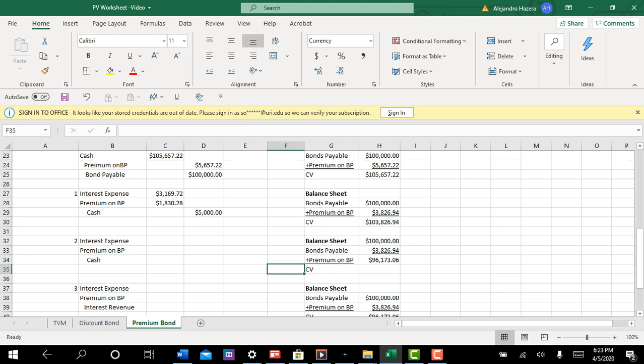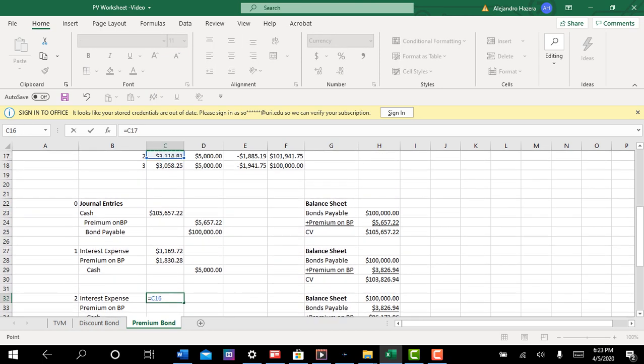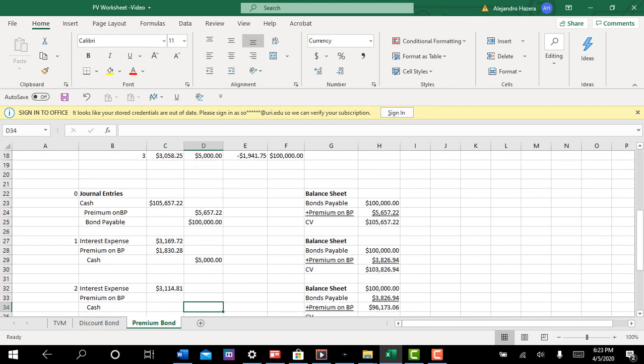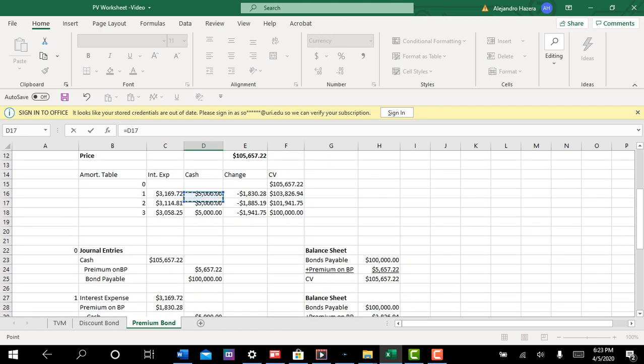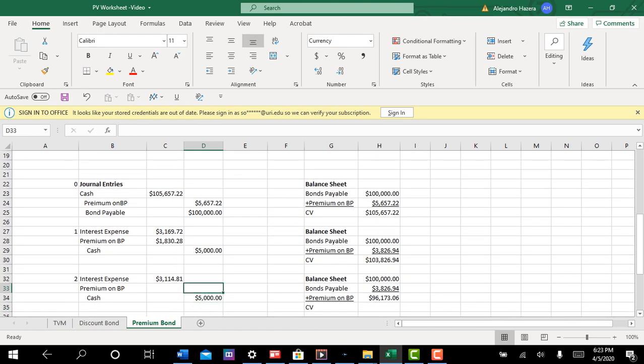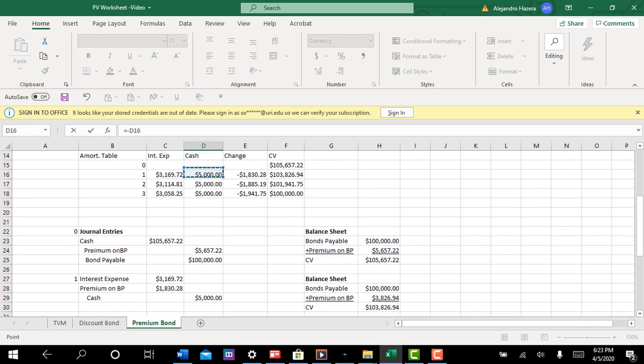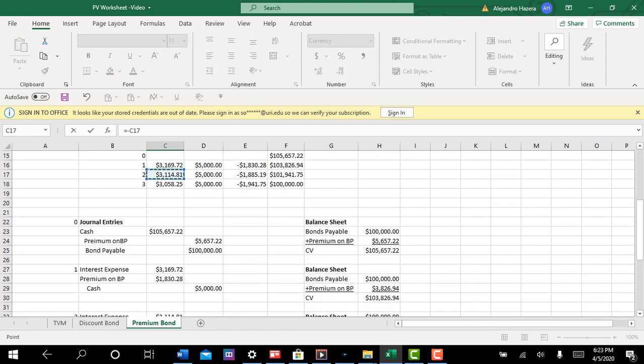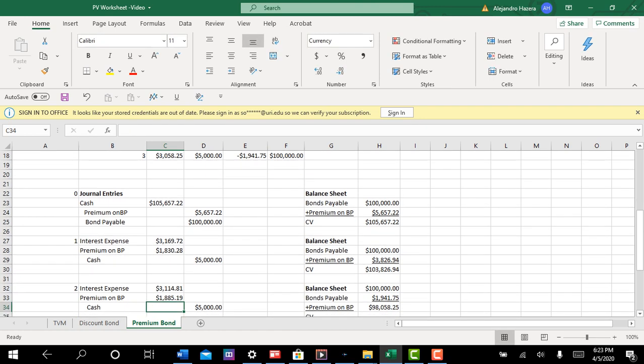So let's go down a little bit. Okay, now we come to the interest expense for year 2. Go to the year 2 row. The year 2 row says you have interest expense of 3,114. Your cash for year 2 is equal to 5,000. And the change in the premium is equal to a negative amount, because that changes it to a positive.